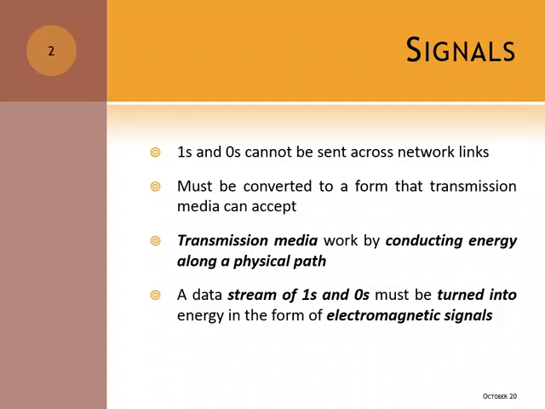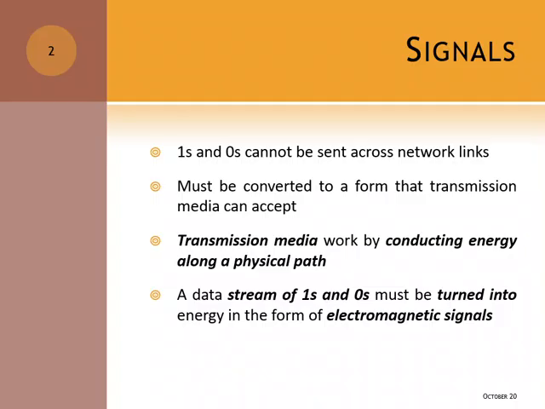Maksudnya physical layer ni akan menukarkan bit stream 1 and 0, digital data dalam komputer kita. Data tu dalam bentuk digital, 1 and 0. Jadi bila dia nak keluar daripada satu device menuju ke next device melalui kabel, dia perlu ditukarkan ke dalam bentuk signal. Dan hanya signal yang boleh melalui kabel.